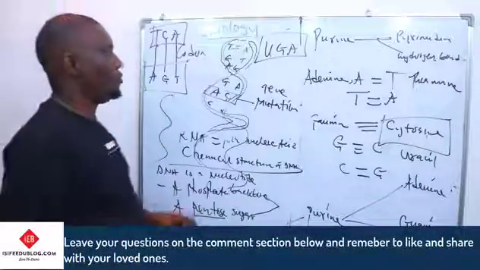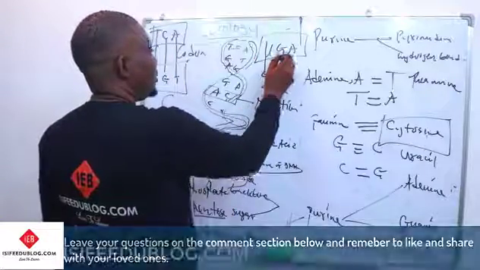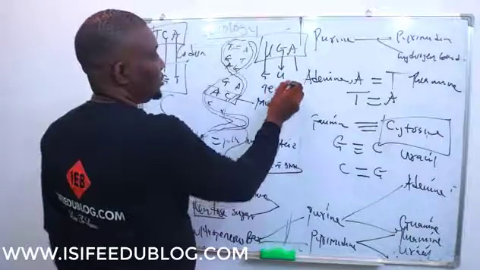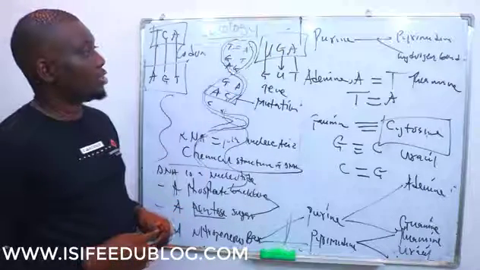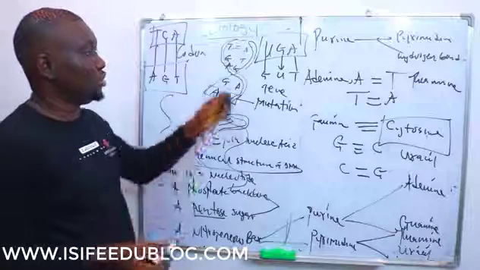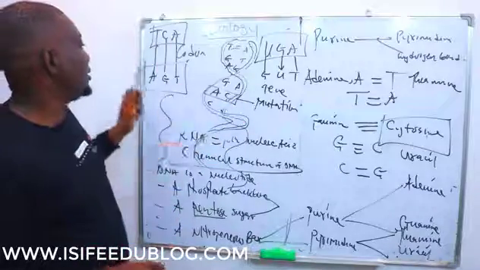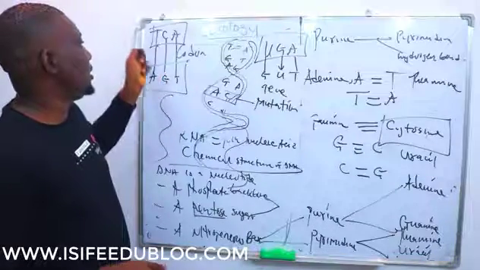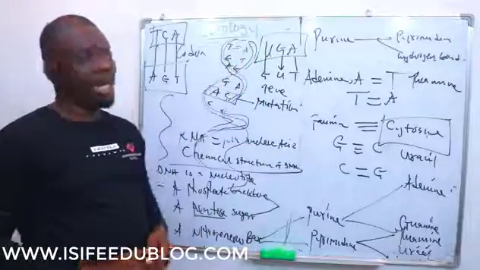So now, what will be complementary? This uracil will be complementary to A, G will be complementary to C, and A will be complementary to what? To T. So the complementary base sequence of UGA in RNA is ACU, while TCA is AGT in DNA.